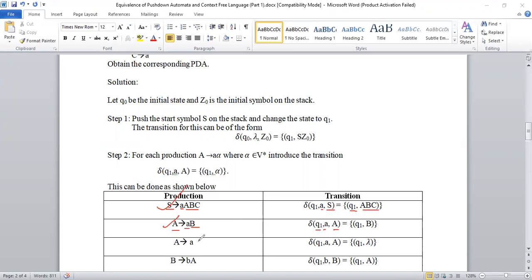So delta Q1 comma small a, capital A on the stack, is equal to Q1 comma lambda, because alpha is null here. Clear?